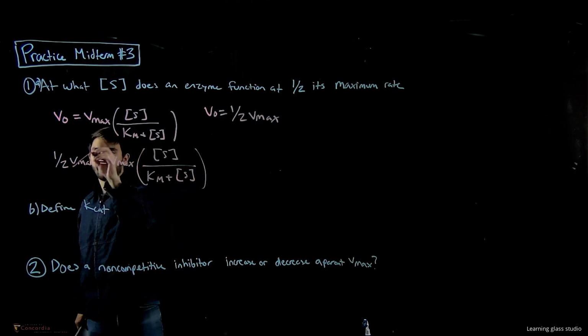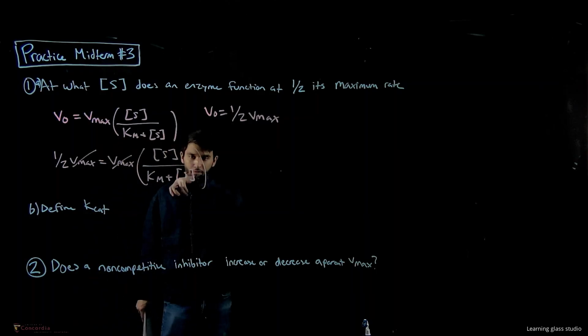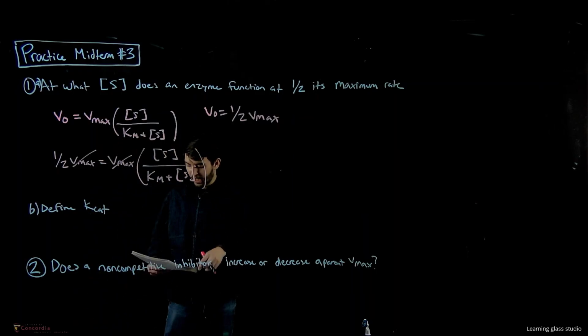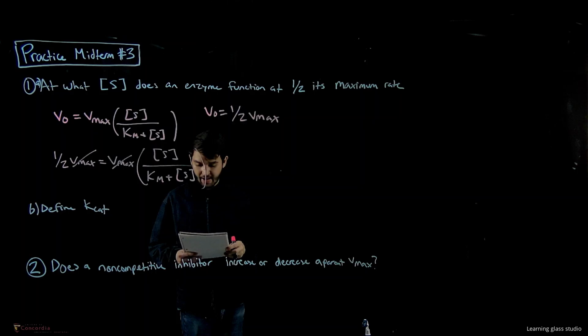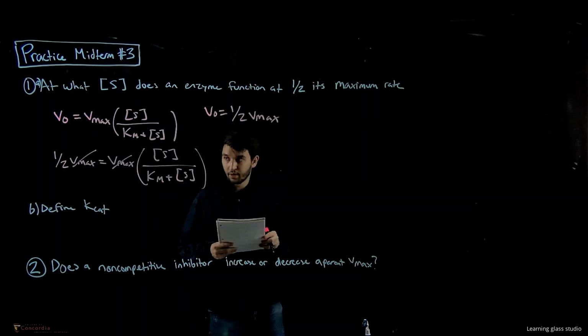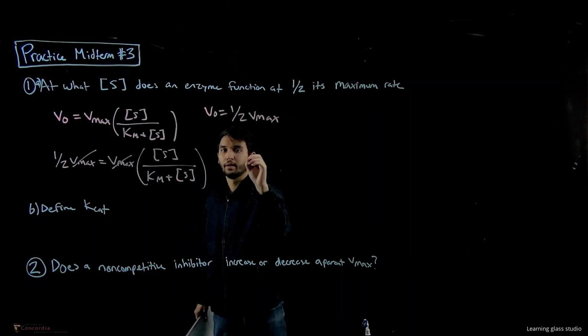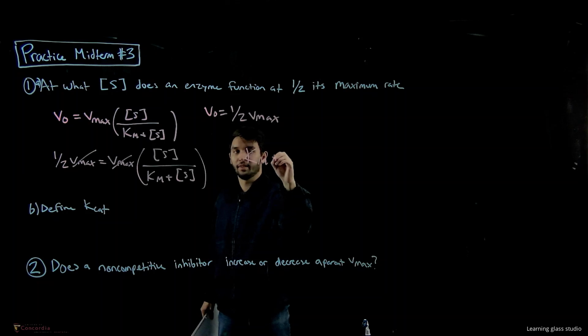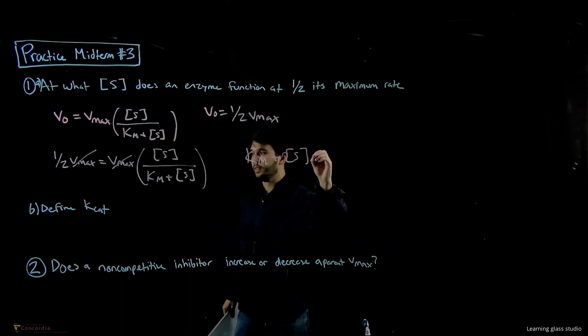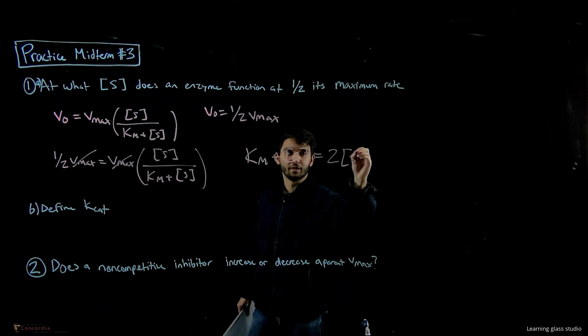concentration. Vmax cancels. So now we can multiply both sides by Km, and we can also multiply both sides by 2 as well. So if we do that, we get Km plus substrate concentration is equal to 2 times the substrate concentration.